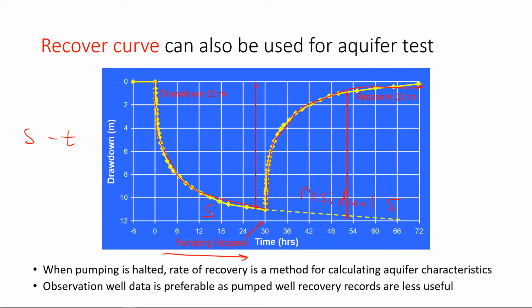Again, there are methods similar to Cooper-Jacob's method that you could use to analyze the recovery data. There is a method for calculating aquifer characteristics from this recovery data, just as there are methods for calculating them from pumping data.